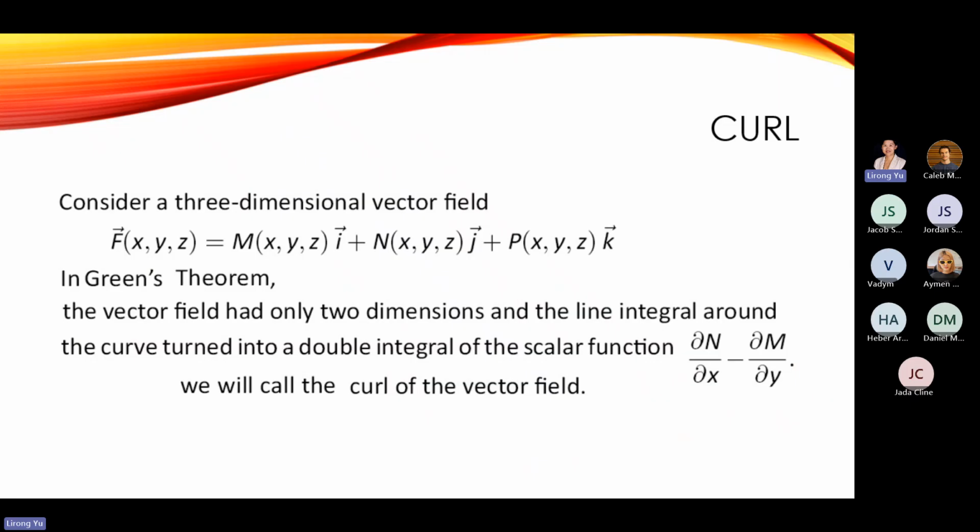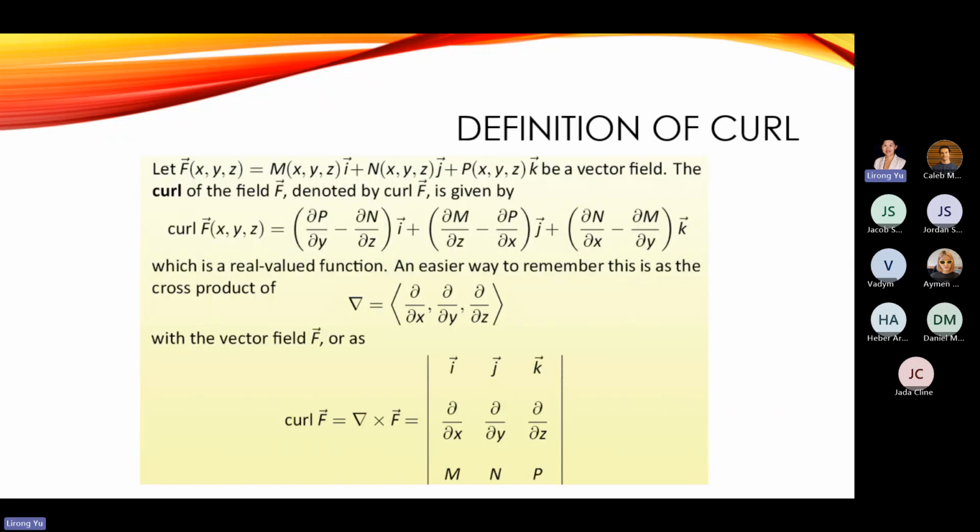Now, before we can do that, there is something that we need in Stokes theorem. That's the curl of a vector. Let's look at how we calculate curl. The definition of curl is defined for a vector field. It measures how much the vector field is curling or rotating. The curl of a vector field is also a vector.